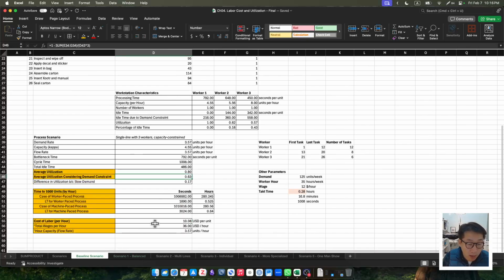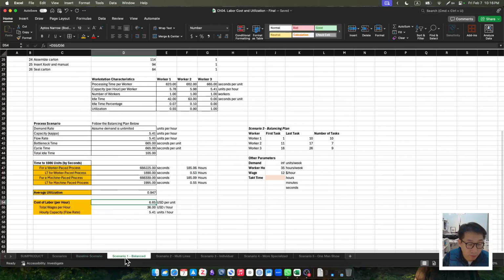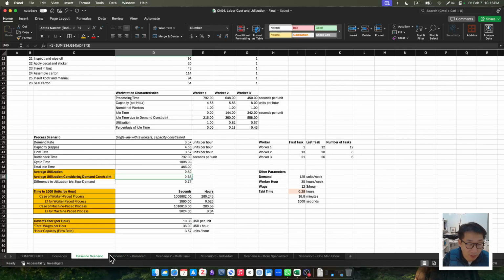So there is a saving here, I can't tell the difference, but there's some amount of saving. The reason why I don't do a direct comparison is because this direct labor cost considers the actual flow rate, which is constrained by the demand rate.